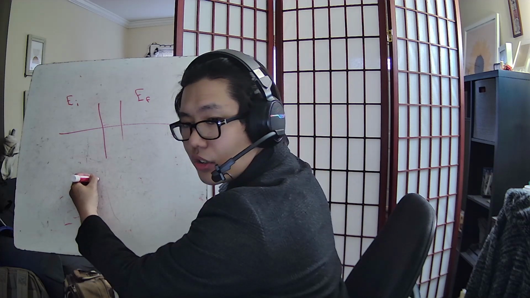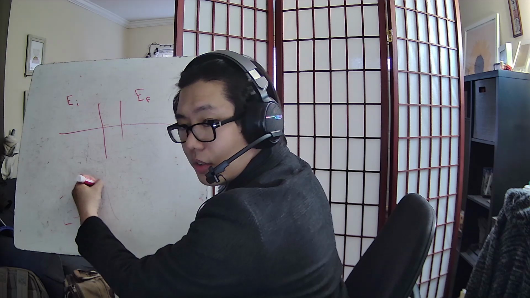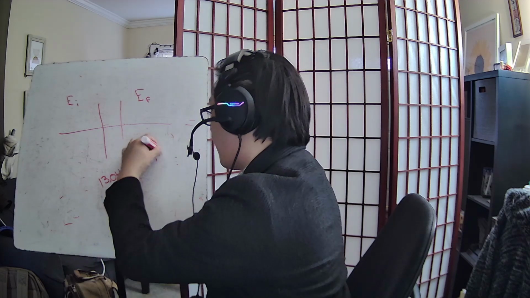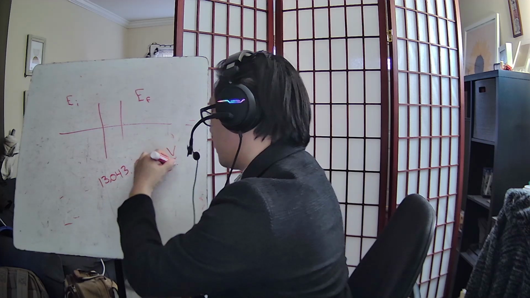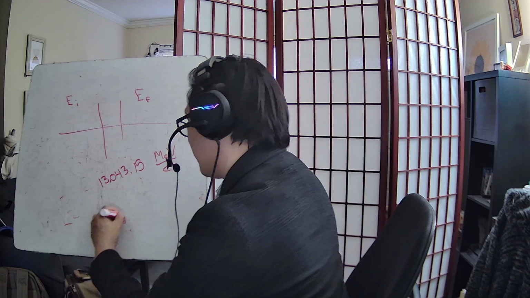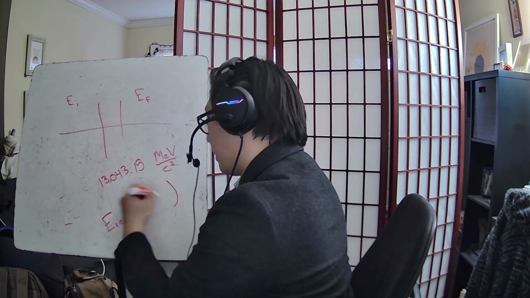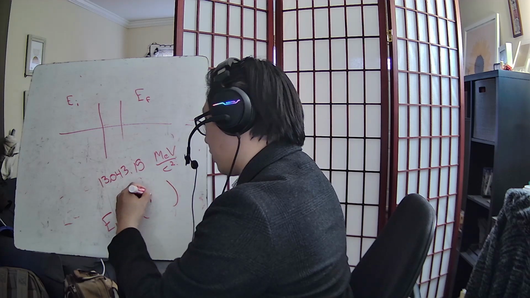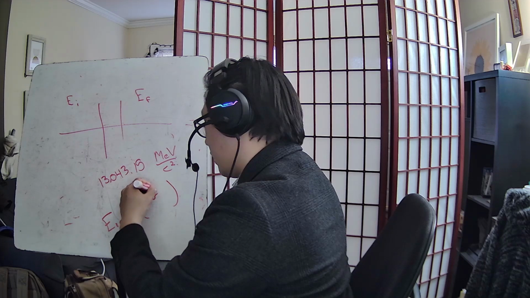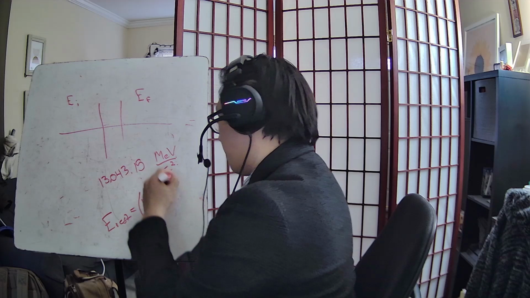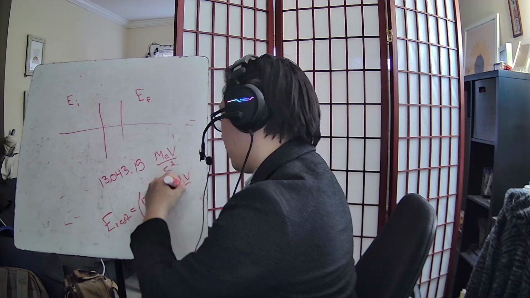So they said nitrogen has a mass of 13,043.15 mega electron volts over c squared. If we want to find E rest, it is going to equal this mass of 13,043.15 mega electron volts over c squared.